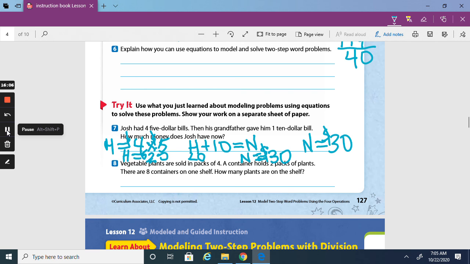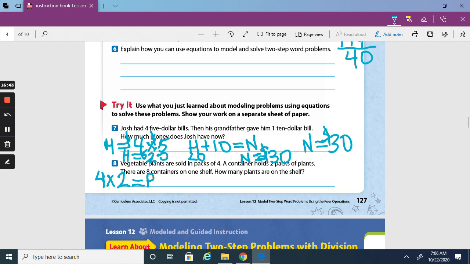All right, let's work on problem number 8. It says that vegetable plants are sold in packs of 4. So I have 4 packs, and that a container holds 2 packs of plants. So if I multiply 4 times 2, that's going to give me my number of plants. Then it says there are 8 containers on one shelf.